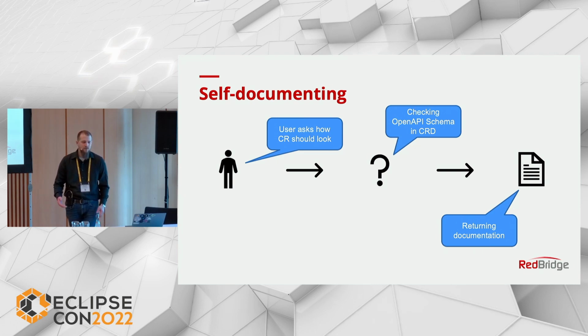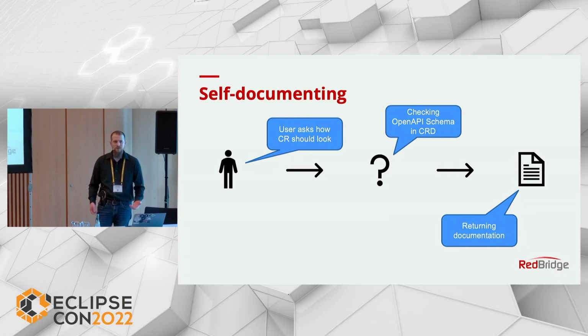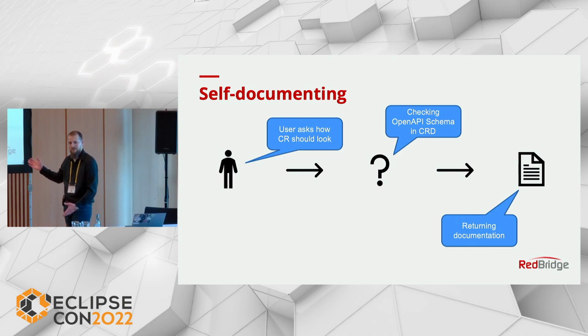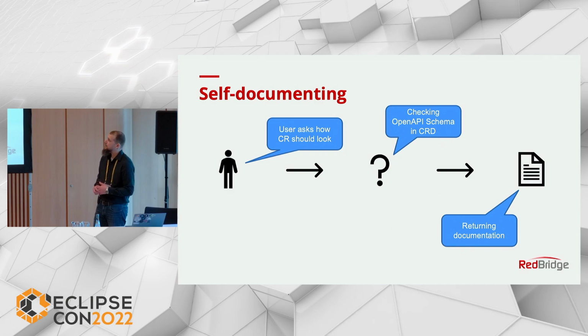And there are built-in tools, for example, in Kubernetes, in kubectl, in OpenShift, where they can actually build an example for you in the UI, just as long as enough of it is explained. And even if it doesn't build an example for you, it can still tell you in the UI or kubectl, if you do kubectl explain, what you are supposed to enter in that resource. So what happens is it's basically checking the OpenAPI schema and returning back an answer to us. So nothing more complicated than that.